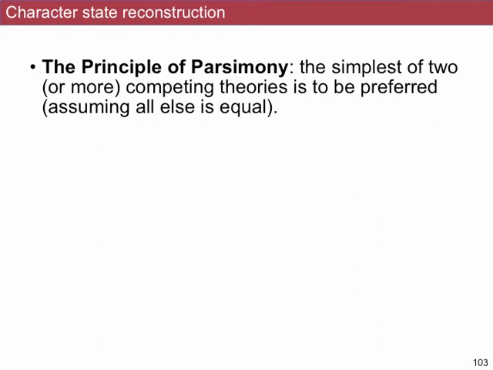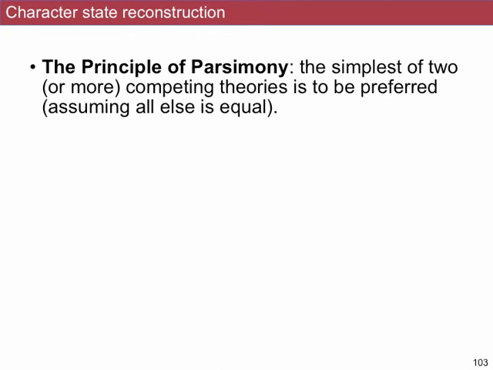Why are we going to do that? We're going to follow, at least for now, something called the principle of parsimony, which you've already read about for the lab. The principle of parsimony says that given two competing theories, the simpler one is the one you should prefer.